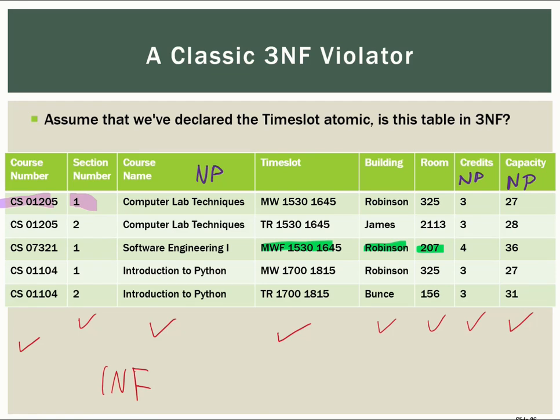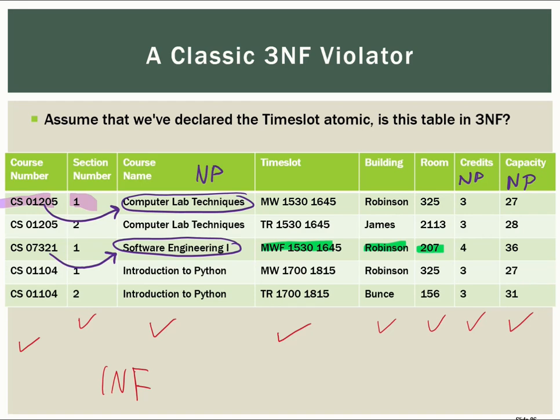And so we have computer lab techniques. We have another one, software engineering. And yeah, these do seem to be derived from the course number. If I know the course number, I know the course name. And the course number is a subset of a candidate key.